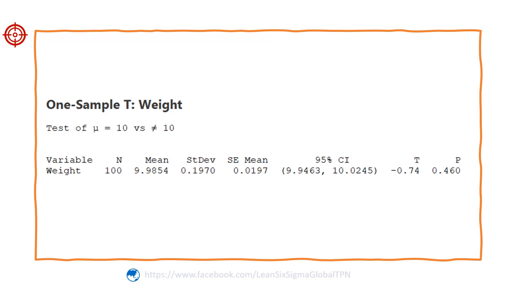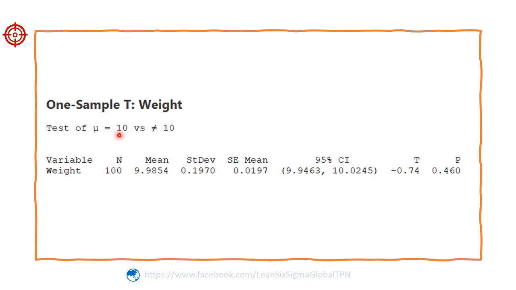The t-test results indicate that the sample mean is 9.9854. The test answers the question: is the population mean equal to 10? So how likely is it to see a sample mean this different from 10 kilograms?